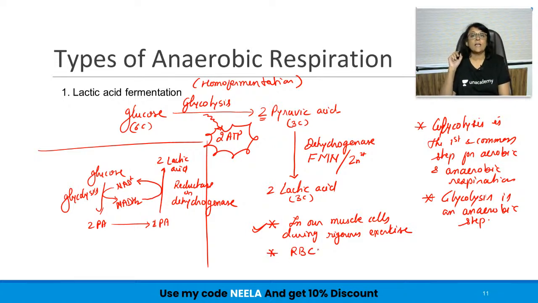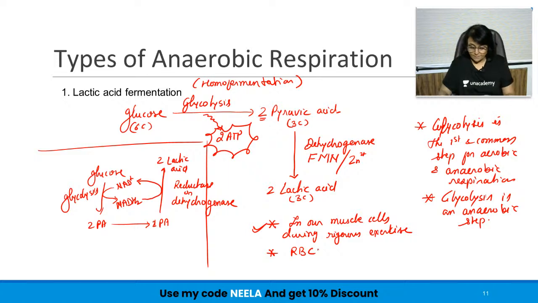Our RBCs are enucleated and without organelle. First step, that is glycolysis, takes place in cytoplasm. But other than that, mitochondria is required. But because in RBC there is no mitochondria, there is no aerobic respiration beyond this. And that is why in RBC, anaerobic respiration takes place.